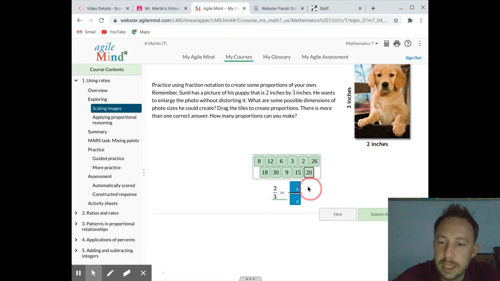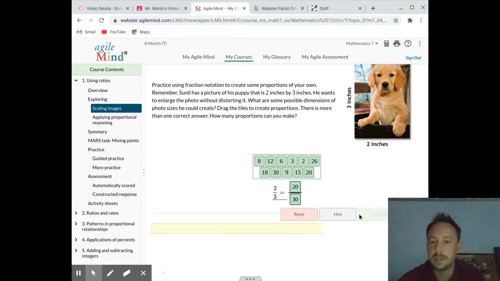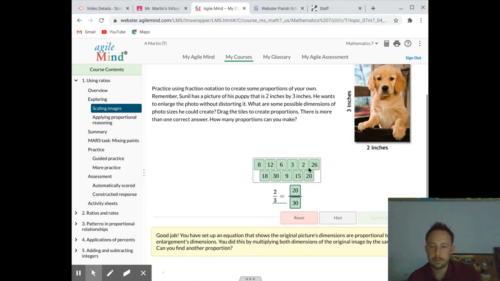How'd you get that one? 2 times 10 and then 3 times 10. All right. I always like using that one because it's really fast to do and you can do it in your head, so you don't have to work as hard. Does that sound easy to everybody? Yes, sir. All right. Well, I think those are good for right there. So let's keep moving on.